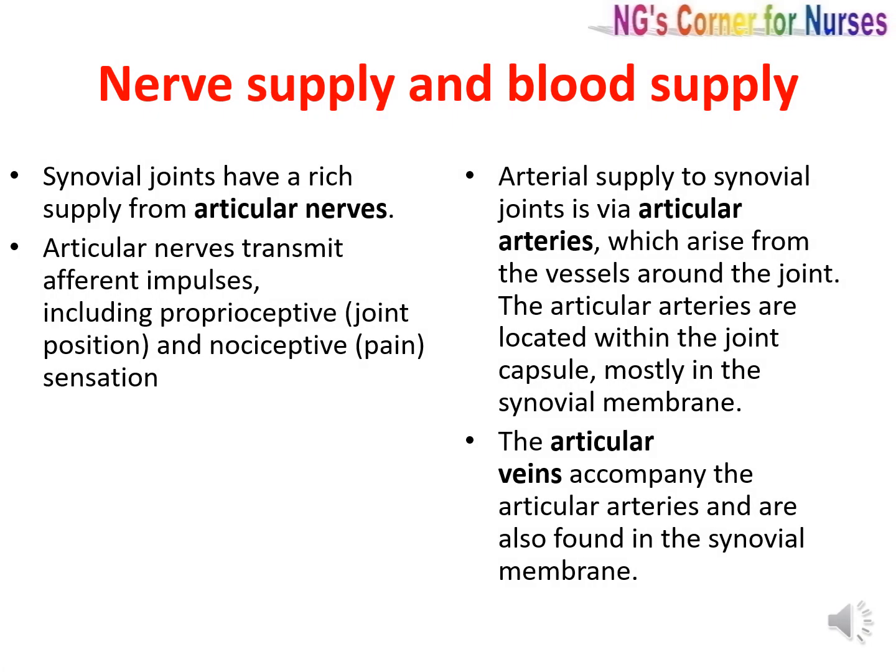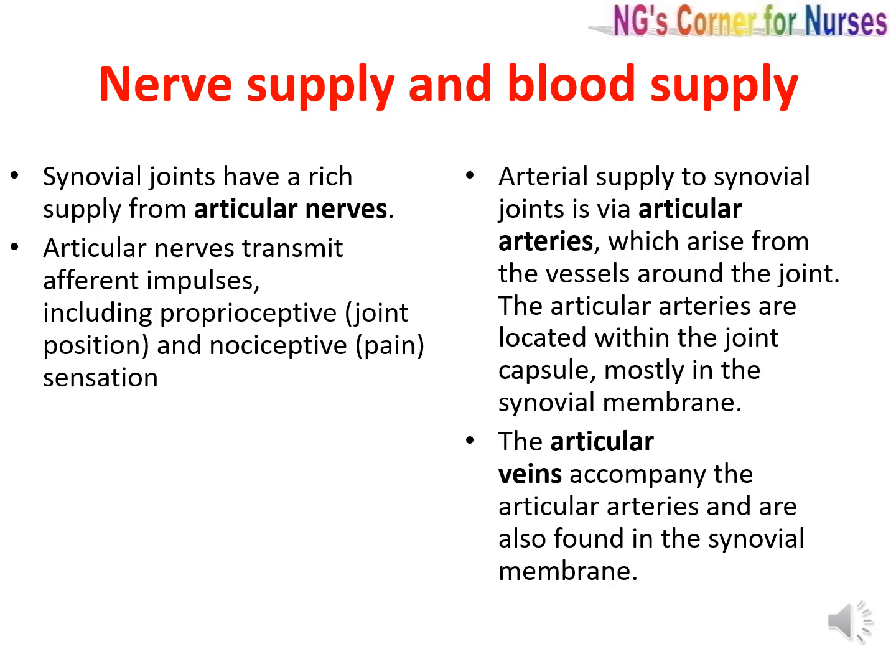Let's discuss the nerve supply and blood supply of synovial joints. Synovial joints have a rich supply from articular nerves. Articular nerves transmit afferent impulses including proprioceptive and nociceptive sensation.